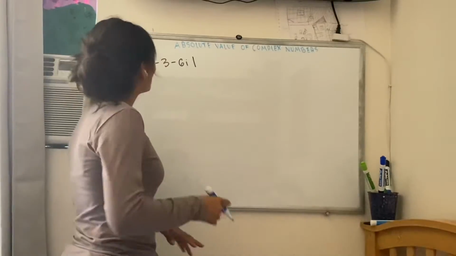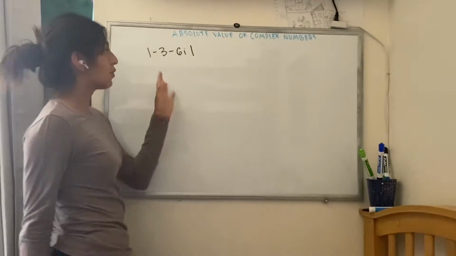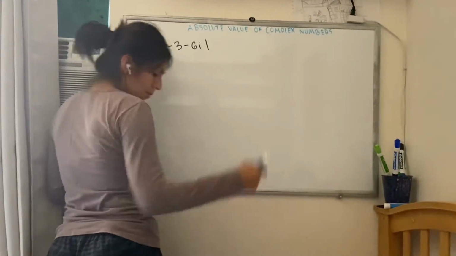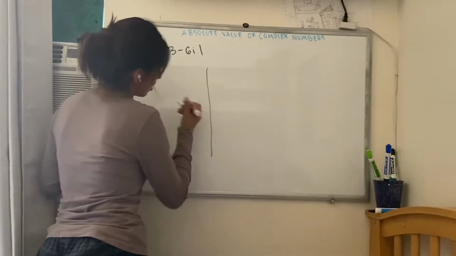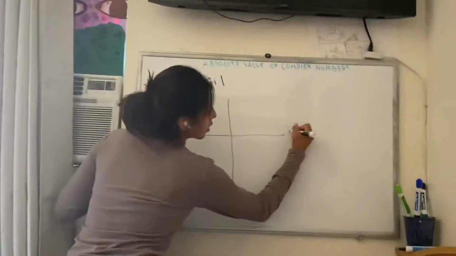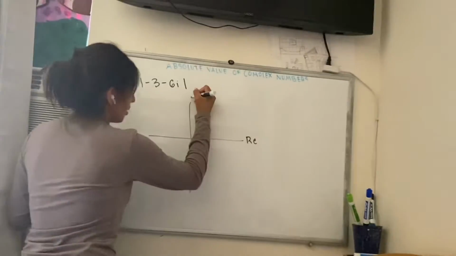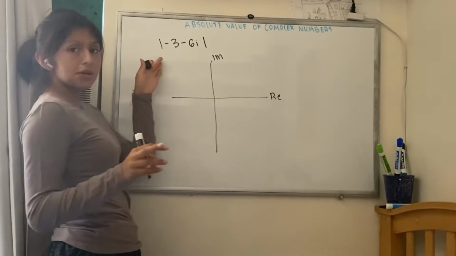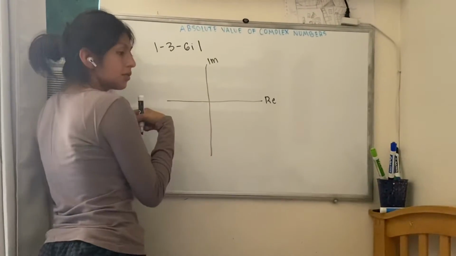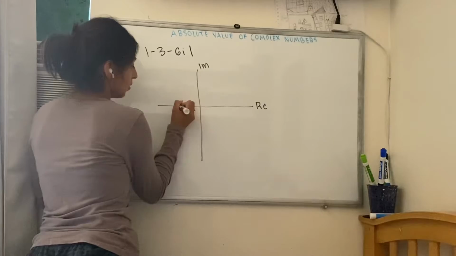Now, our first problem will be -3 minus 6i. So on a complex plane, we have here real numbers and we will have here imaginary numbers. Okay, so because this is a real number, we will go to the left 3. 1, 2, 3.